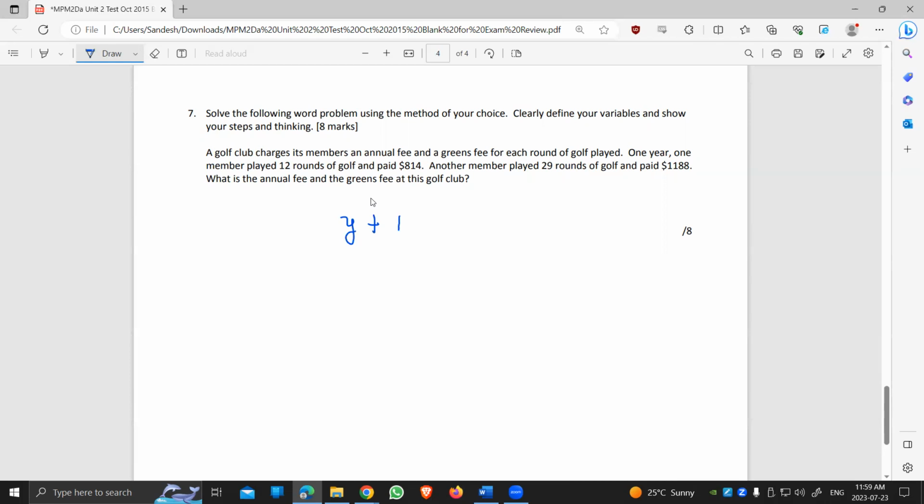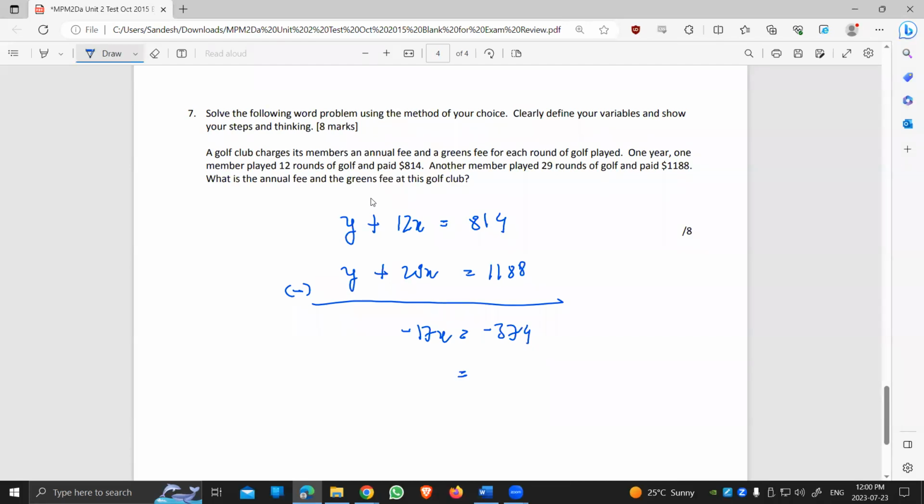The greens fee we don't know, but we know the first guy played 12 rounds and paid 814. The other guy played 29 rounds and paid 1188. This question is asking for elimination. So you get negative 17x is equal to negative 374, because the coefficients are already equal to begin with, but you can always use the other method.